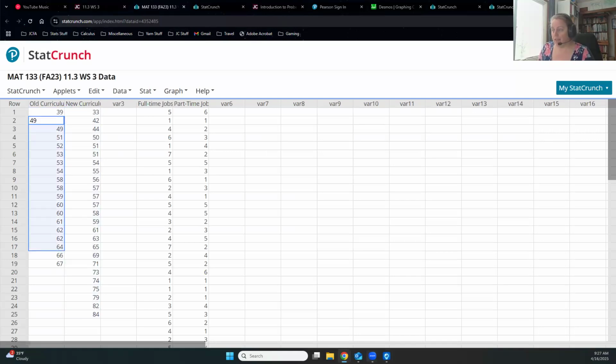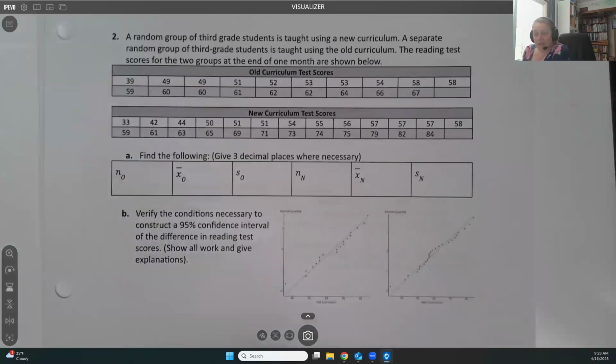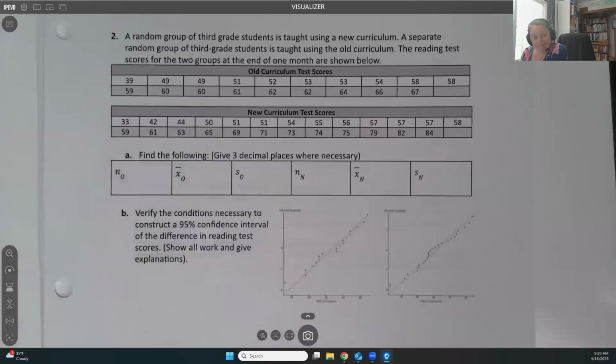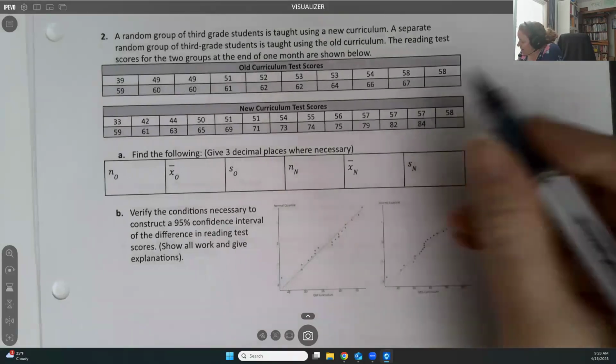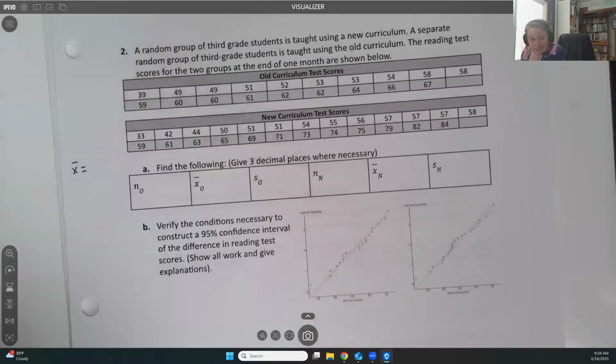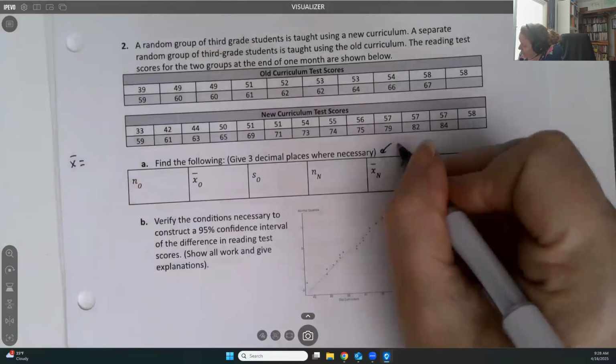Now, let's do a little review real quick. How do we find N, X bar, and S? And what do those terms mean? So X bar, I'm going to write it over here. Let me make a note.